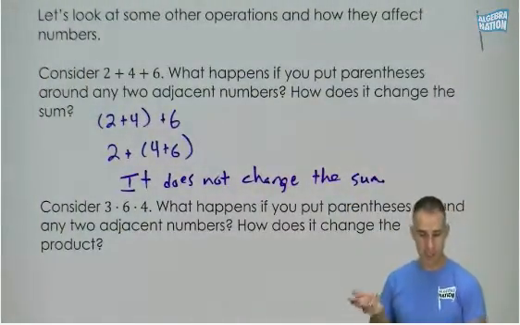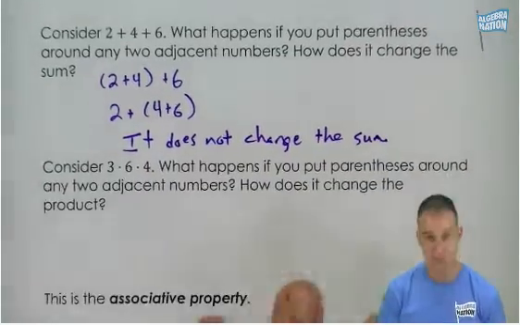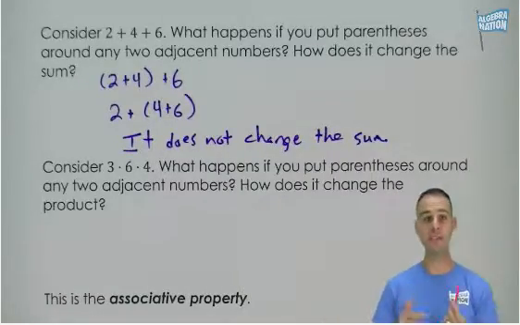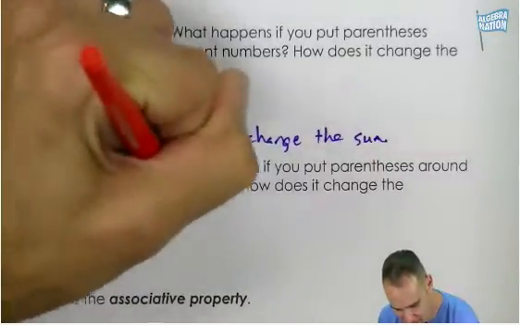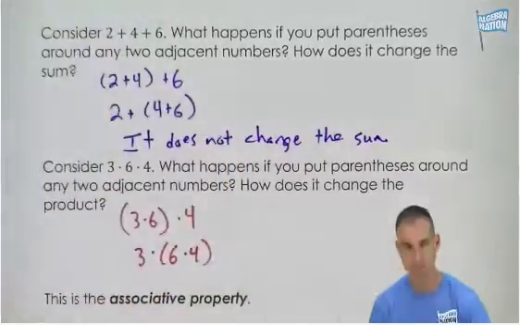Well, let's consider 3 times 6 times 4 then. What happens if you put parentheses around any two adjacent numbers? How does it change the product? Meaning (3 times 6) times 4, or 3 times (6 times 4).